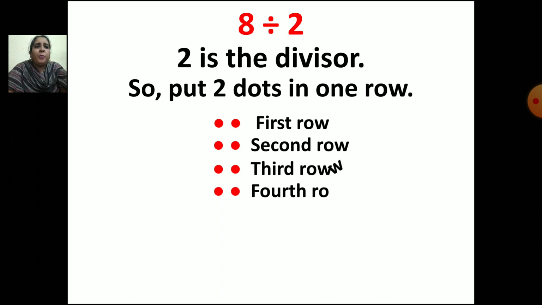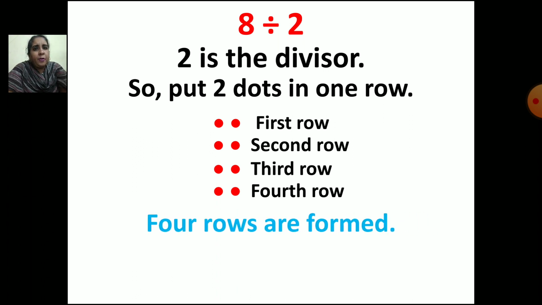Now count how many dots we got. 1, 2, 3, 4, 5, 6, 7, 8. And what is the answer there? The question there is 8 divided by 2. So how many rows did we get? 1, 2, 3, 4. 4 rows. So 4 rows are formed. We want only 8 dots, right?